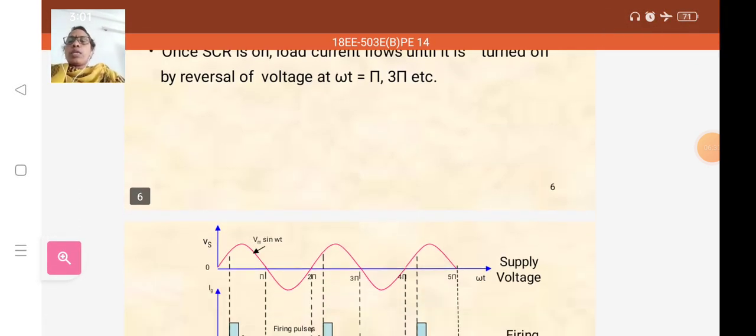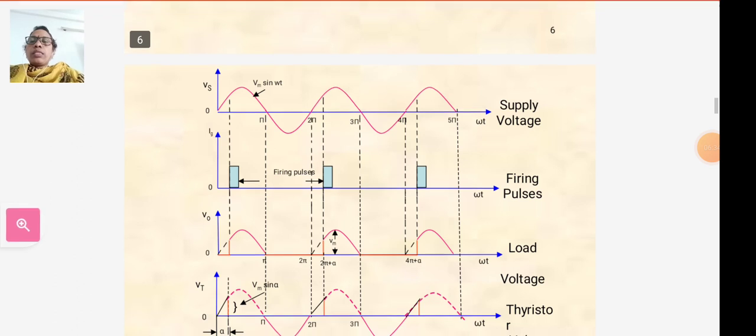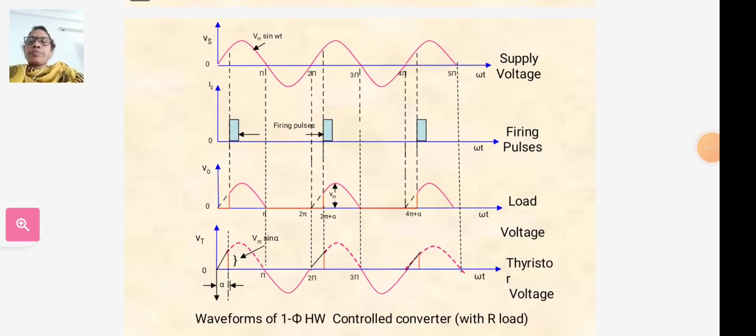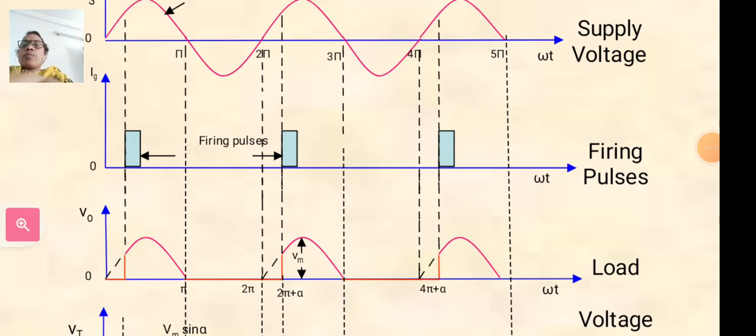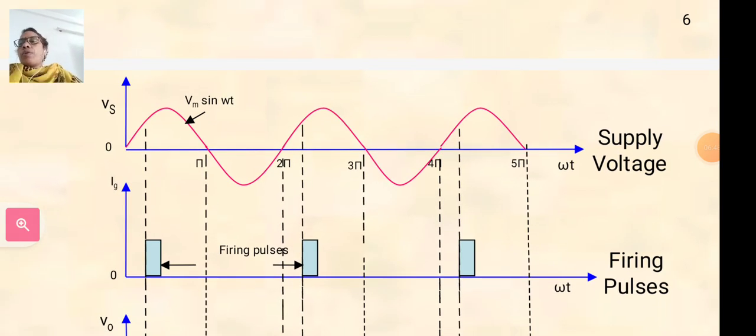Just observe these waveforms. These are the waveforms for the single phase half wave controlled converter with R load. The first waveform is the reference voltage waveform used for the supply voltage.